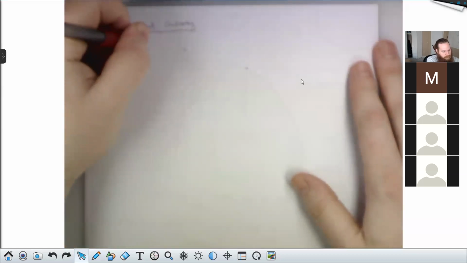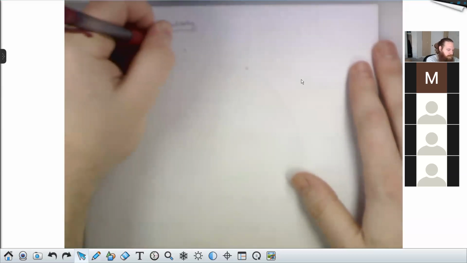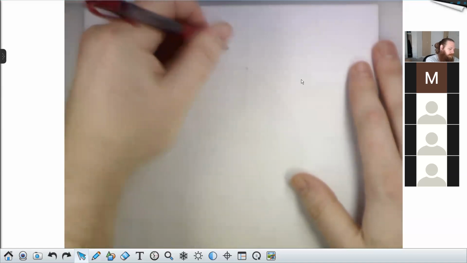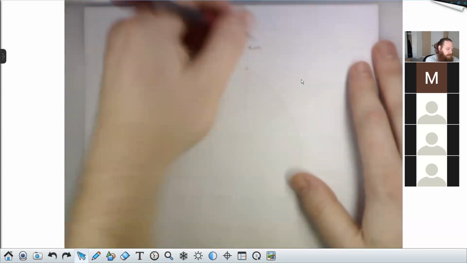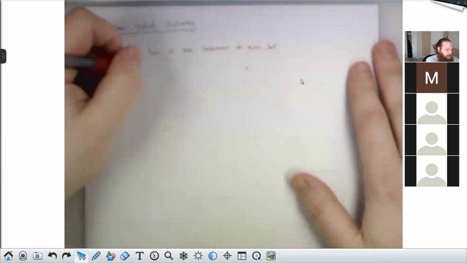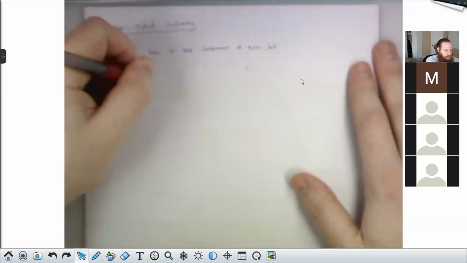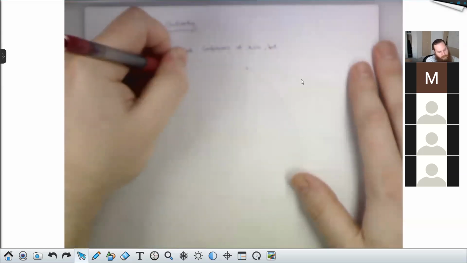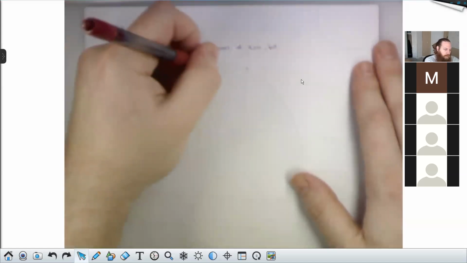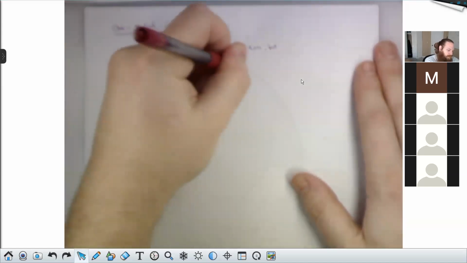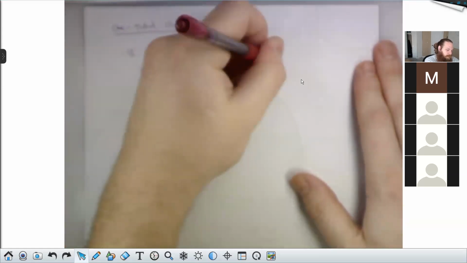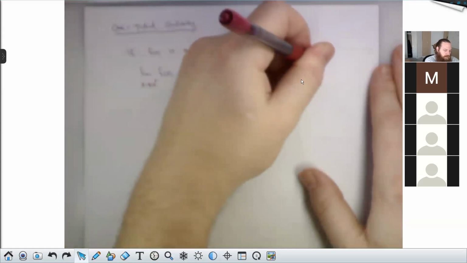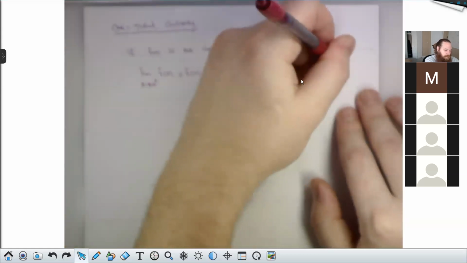If f of x is not continuous at x equals a, but the limit as x approaches a from the right of f of x is equal to f of a, then we say f of x is continuous from the right.